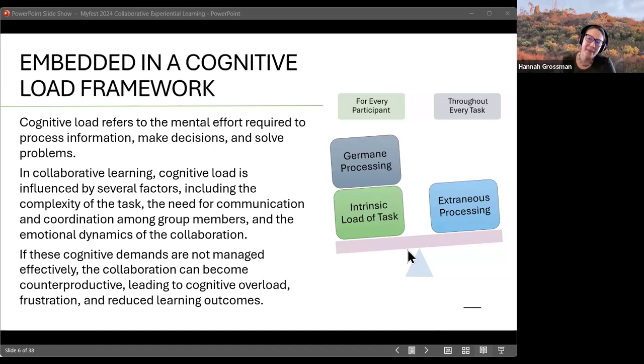If you're not managing these cognitive demands well, your learners are going to not be as successful as they could be. The collaboration might become counterproductive. You might not get the results you want. You might not be able to dive into the learning objectives you want.